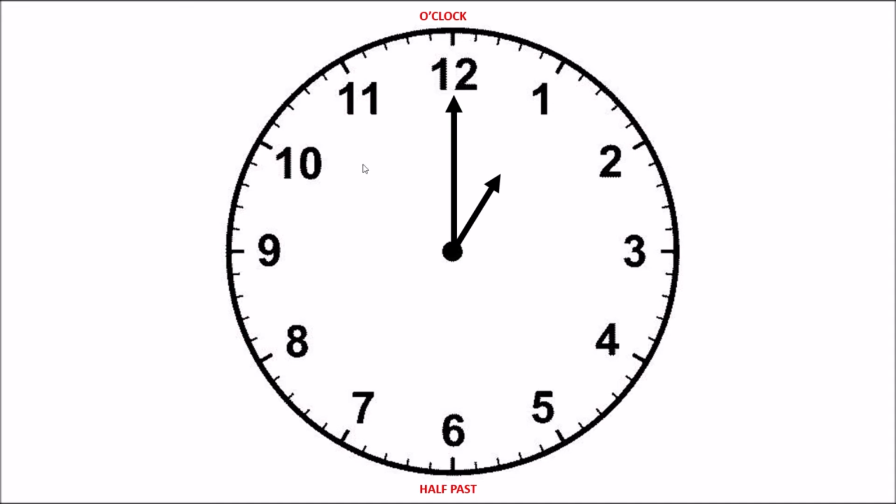Good job. Now, today we're going to add something new. Now remember, the hour hand is the small hand and the minute hand is the long hand. When the minute hand is by the 12, we say o'clock. 1 o'clock, 2 o'clock, 3 o'clock, 4 o'clock, and so on.